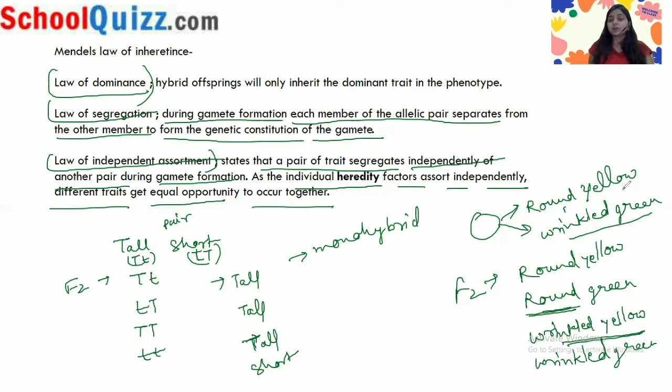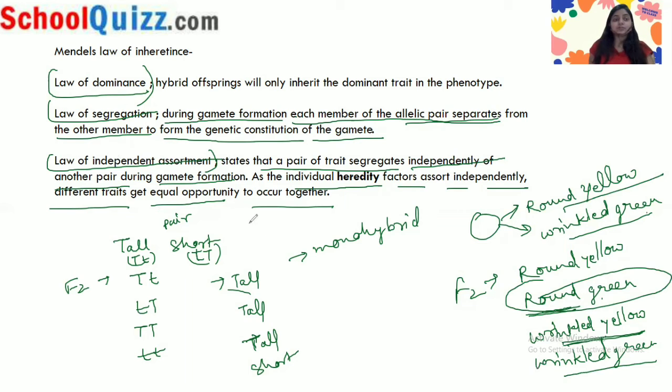We took round and yellow, but we found in the F2 generation wrinkled and yellow and wrinkled and green. We have found round and green, but we had taken wrinkled and green. And here the allelic pair separates from the other member to form the genetic constitution of the gamete.